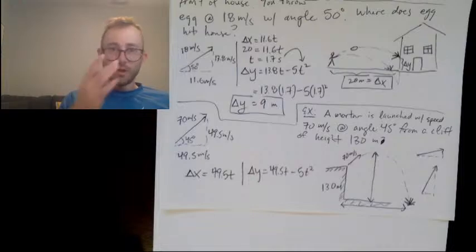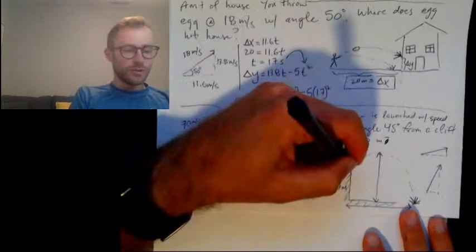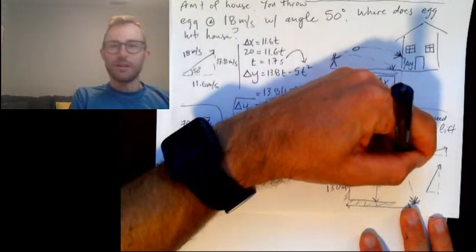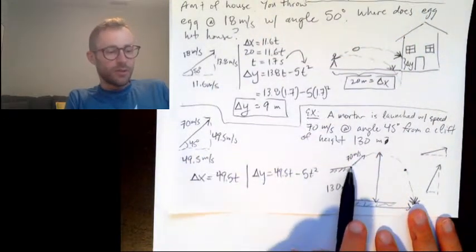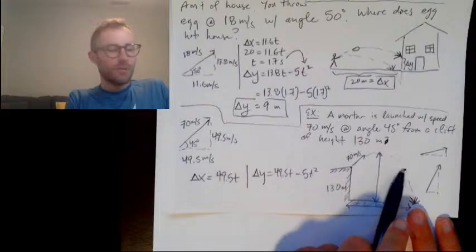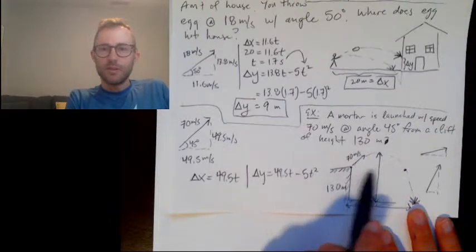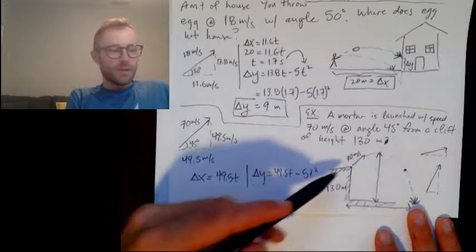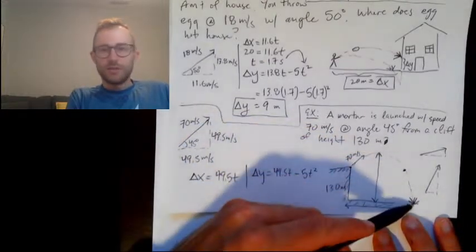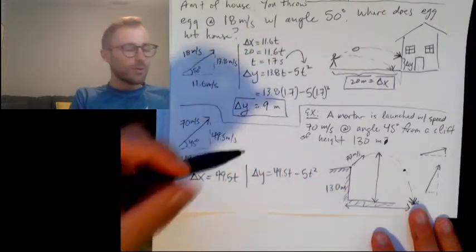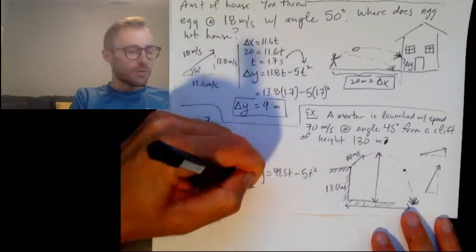Why is that? Well, delta y equals 0 means that it returns to the same elevation that it started at. So if we started the mortar here and we stopped the problem here, that would be a delta y equals 0 because we have the same elevation. But for this problem, it actually drops and it hits the ground after falling 130 meters. So we're going to have delta y as negative 130.